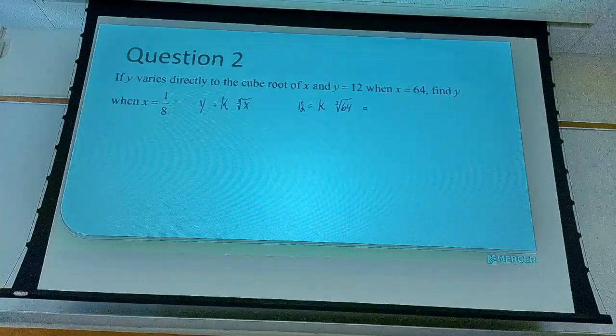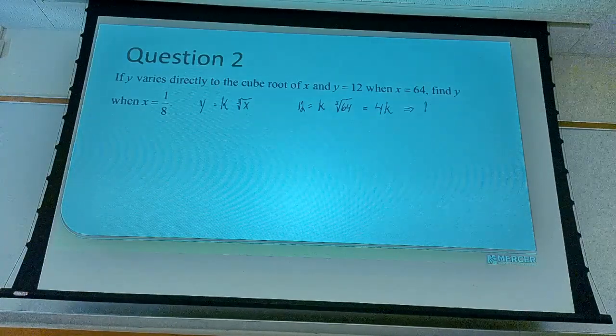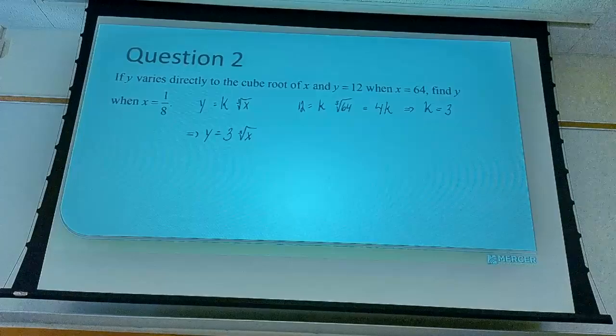You shouldn't need a calculator. It's 4. K is 3. Y would be 3 times the cube root of x.